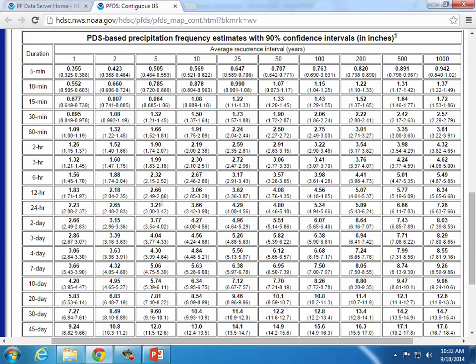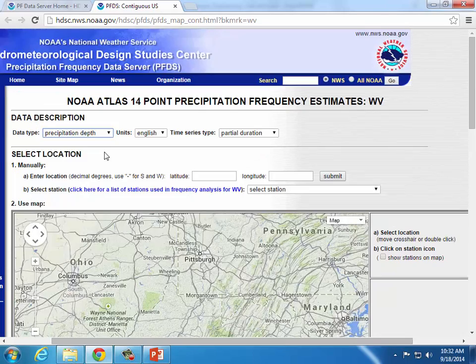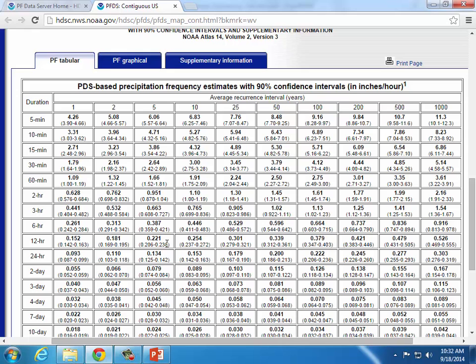So for example, if it knows the intensity, okay, intensity, let's look at the 5-year 24-hour storm.